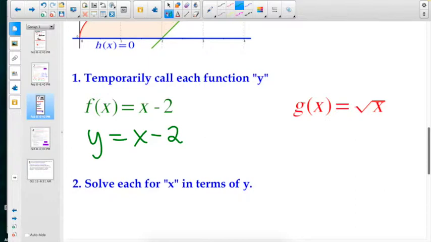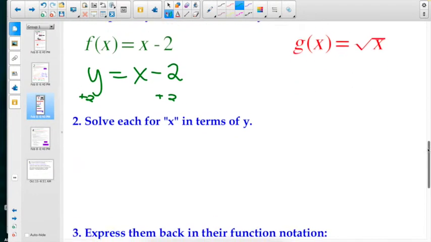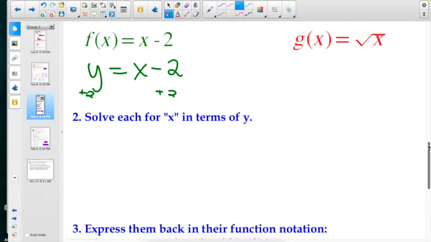Okay? I want to solve this now for x, which means I got to get x by itself. So how do I solve that? Add 2 to both sides. And so what do I have then? X equals y plus 2. Okay? So now I have a function in terms of y. Does that make sense? It's y plus or minus, or it's y squared, or something like that.